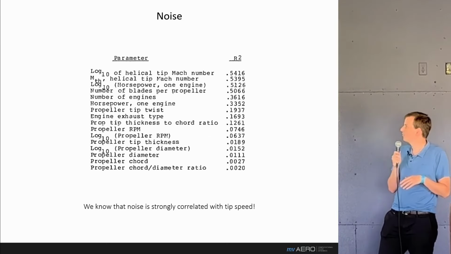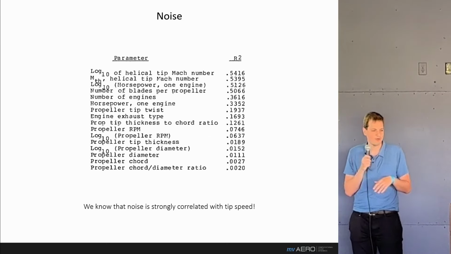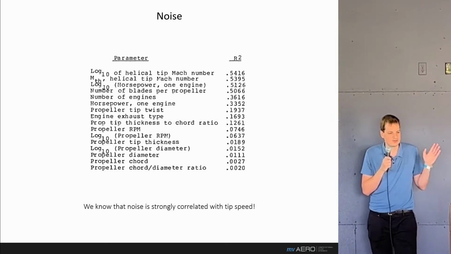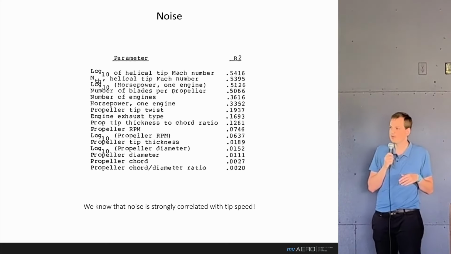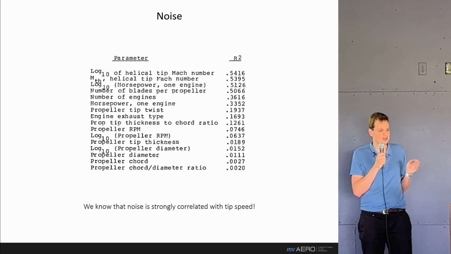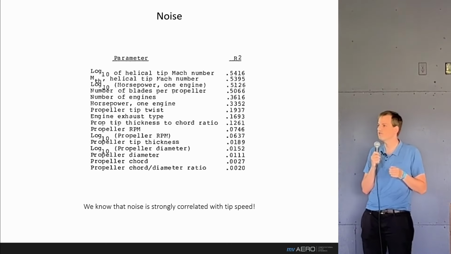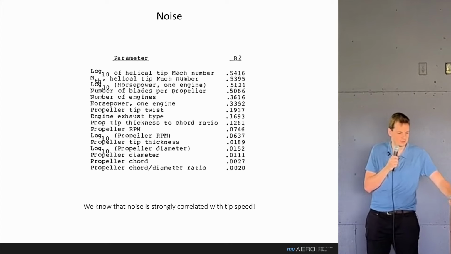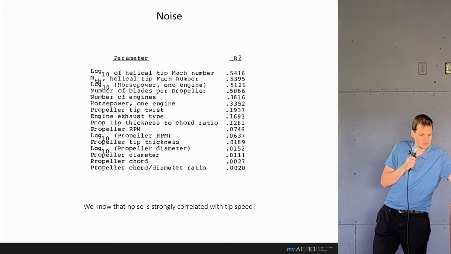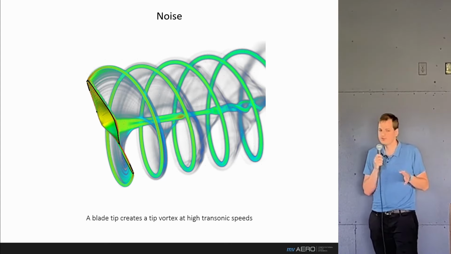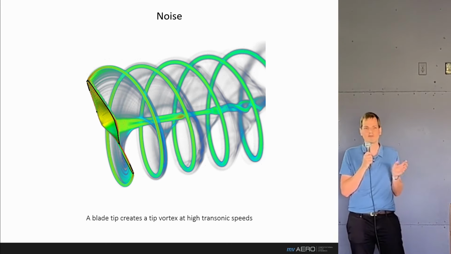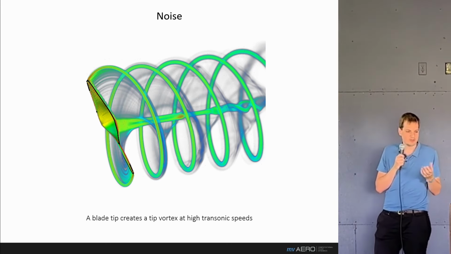Well, if we start to look into noise, we can see empirically from experiment that it is very strongly correlated with tip speed. Or rather, to be a bit more precise, it's very strongly correlated with tip speed expressed in terms of the speed of sound. And whenever we look at a CFD result of a rotating propeller, we can grasp that relationship conceptually.